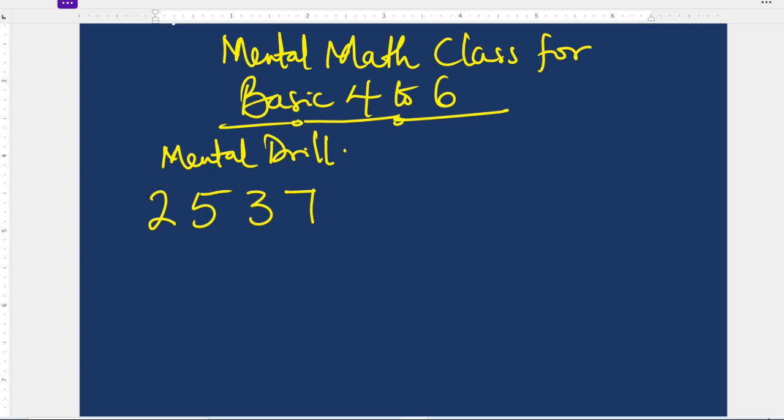So now, listen attentively. What I'm going to tell you now is that you can add up these numbers together and subtract. You can add, subtract, multiply, or you add, you multiply, and you subtract. Then you will be able to get a particular answer.